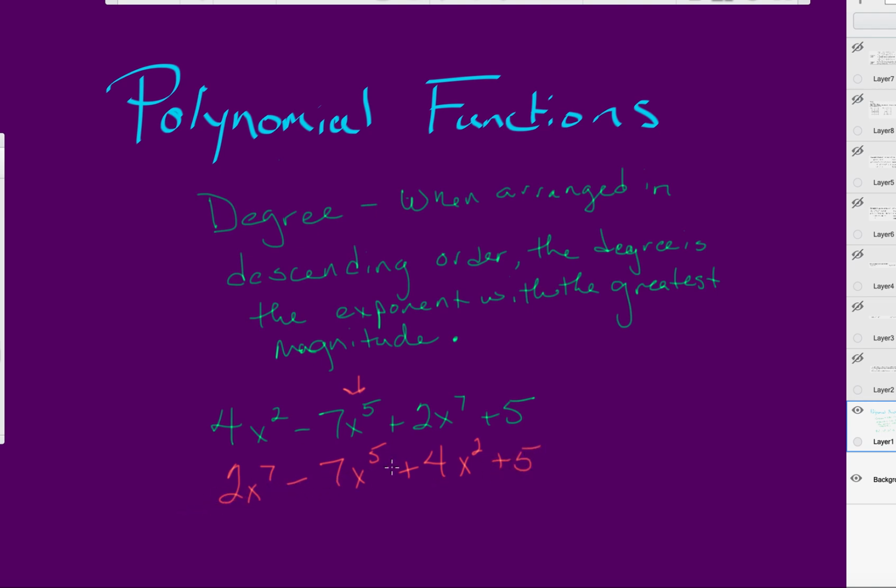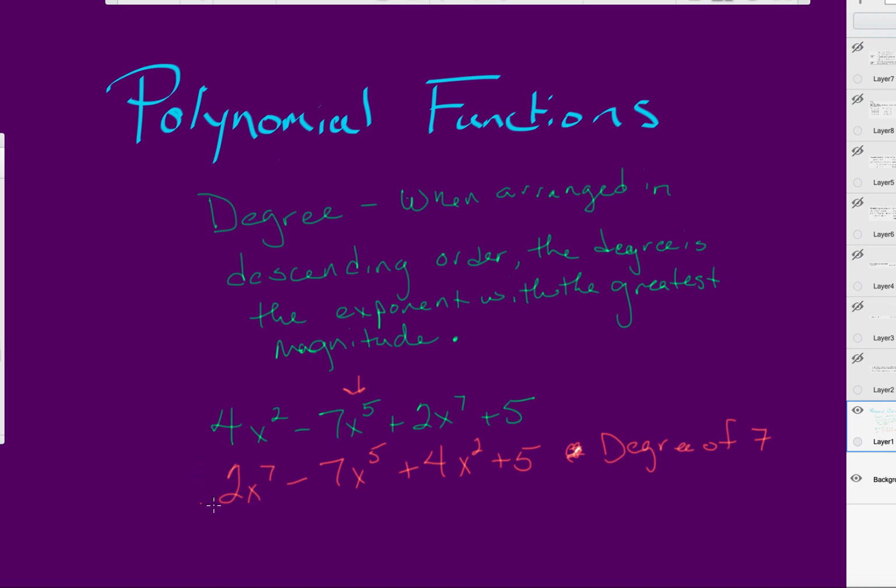And so this polynomial expression, remember it's an expression because there's no equal sign yet, has a degree of 7. So it's not equals, it has a degree of 7. Sorry about the writing today. Horrible.